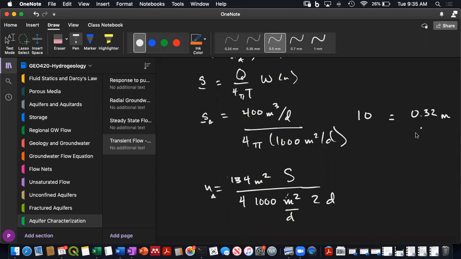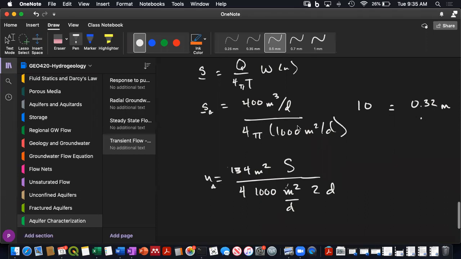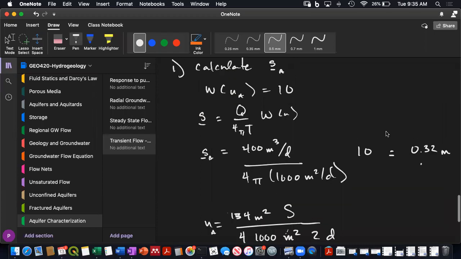I don't think there's a 0.0. I think it's 0.318. This is 10 to the 2. This is 10 to the minus 3. That'll be -1, not -2. So 0.32 meters. All right, great.